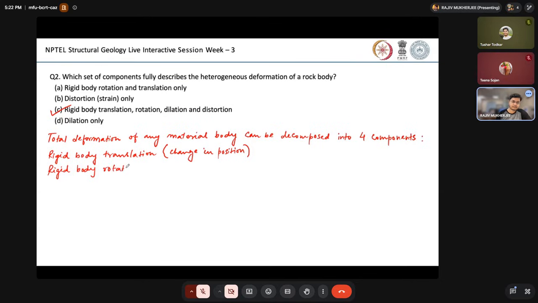Now what does rigid body rotation actually mean? It means change in orientation. Then of course dilation. Now what does dilation mean? Dilation means change in volume.